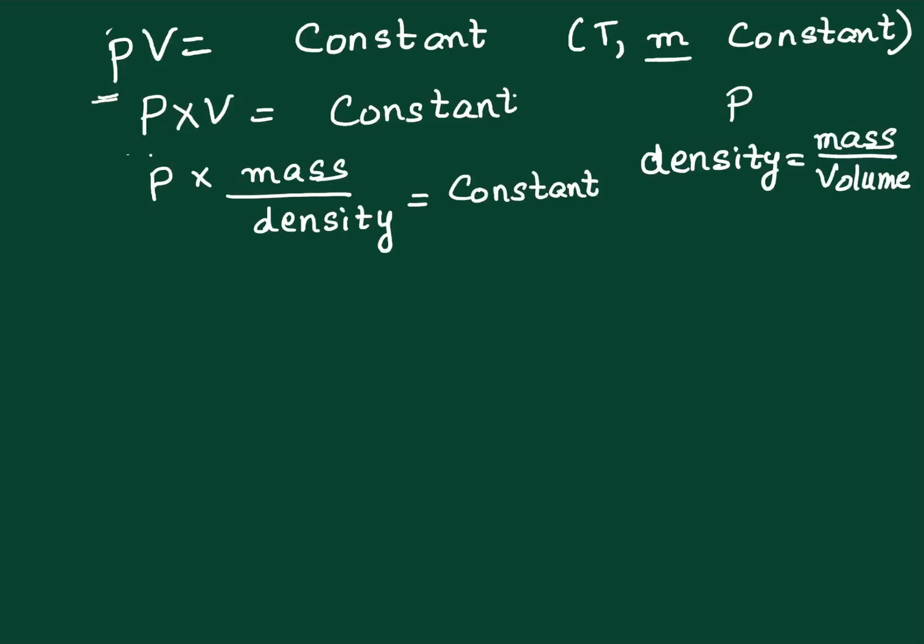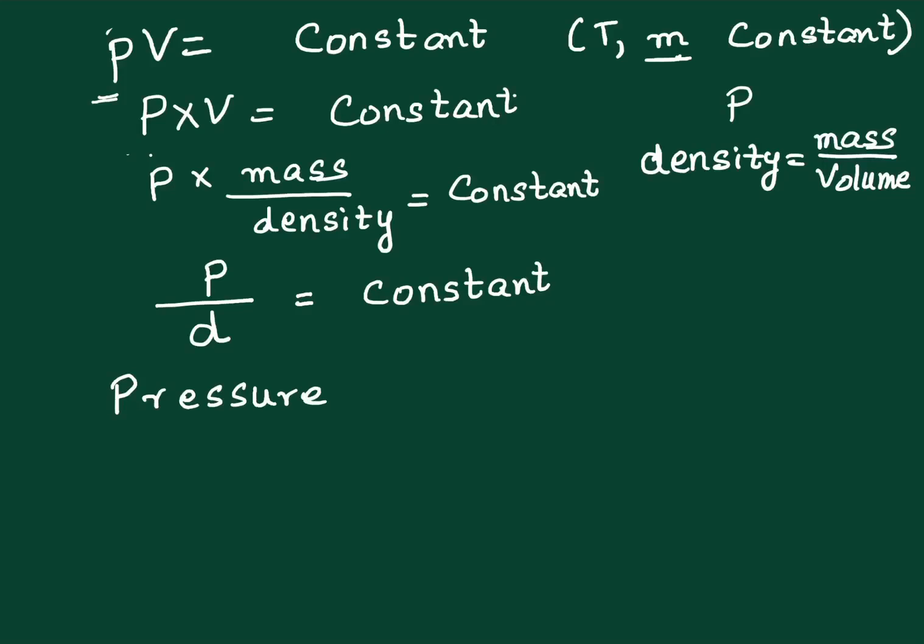That mass is also constant during the course of this process. In other words, pressure upon density is also constant, right? So what we can say, pressure is directly proportional to density.